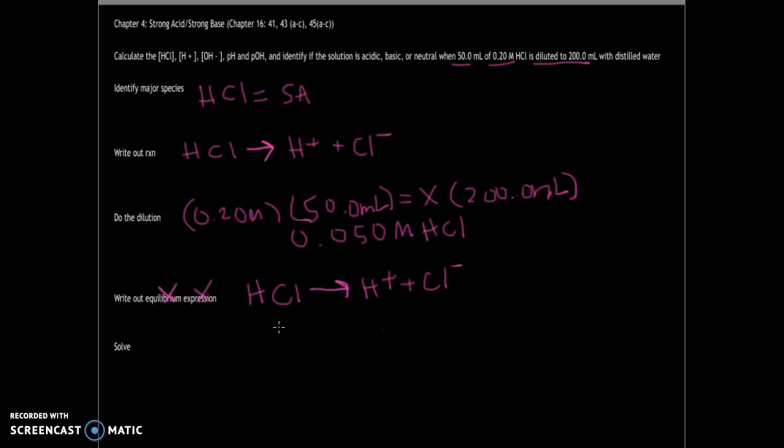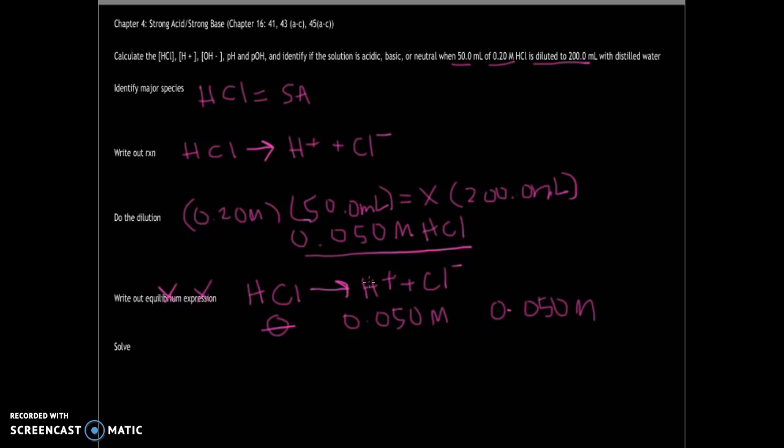So what does that mean? It means at the end of this, because it 100% ionizes, you should have no HCl intact. It should be all hydrogen ion and all chloride ion. And look, if it's 0.050 molar HCl, it's 0.050 molar H plus and 0.050 molar Cl minus.